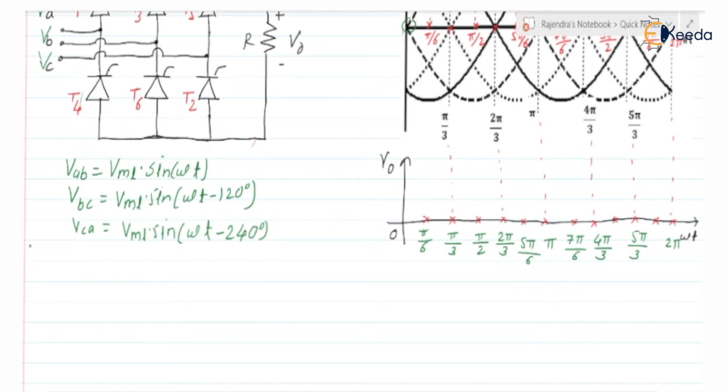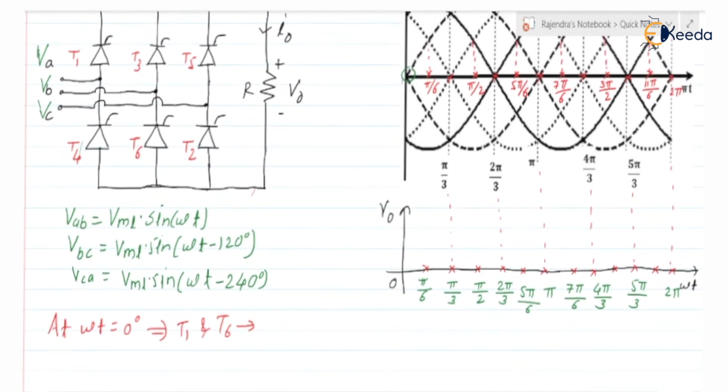So here, for the very first cycle, at omega t is equal to 0 degree, we are applying the gate signals to thyristors T1 and T6. Definitely before this none of the thyristors was in the on state.